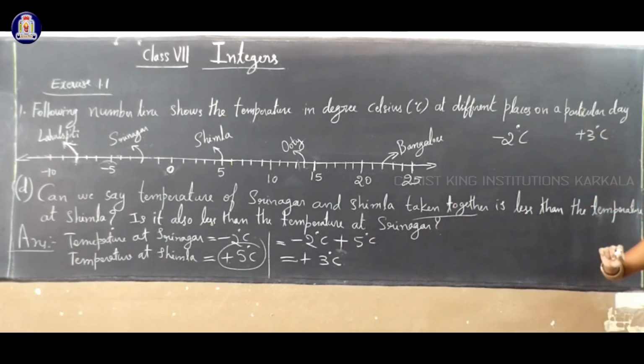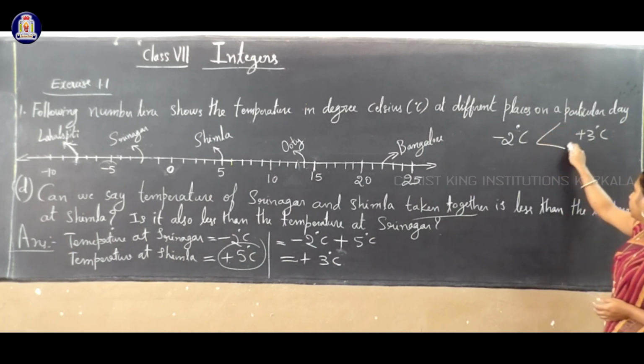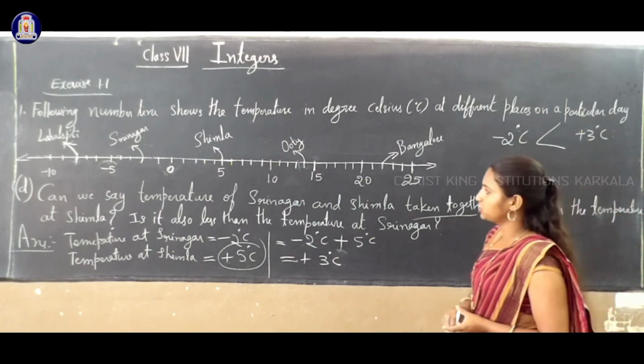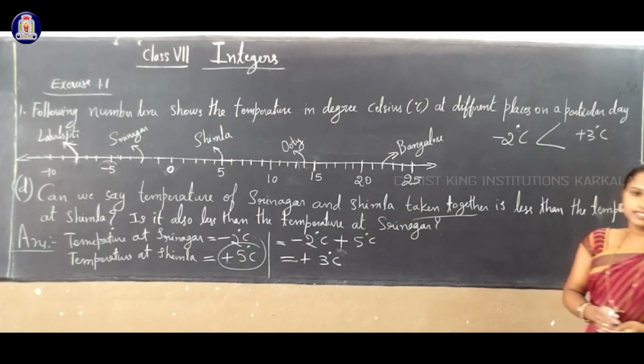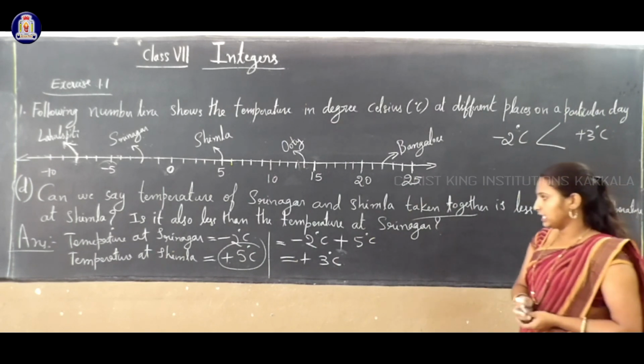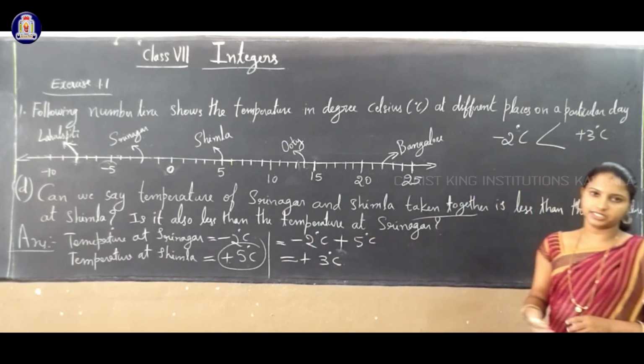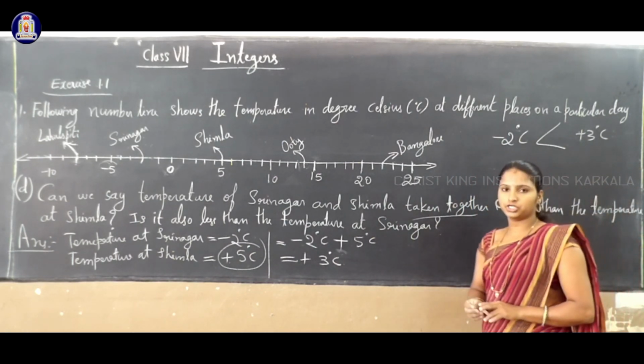Plus 3 is greater than minus 2. So we can say that the temperature of Srinagar and Shimla is greater than the temperature at Srinagar.